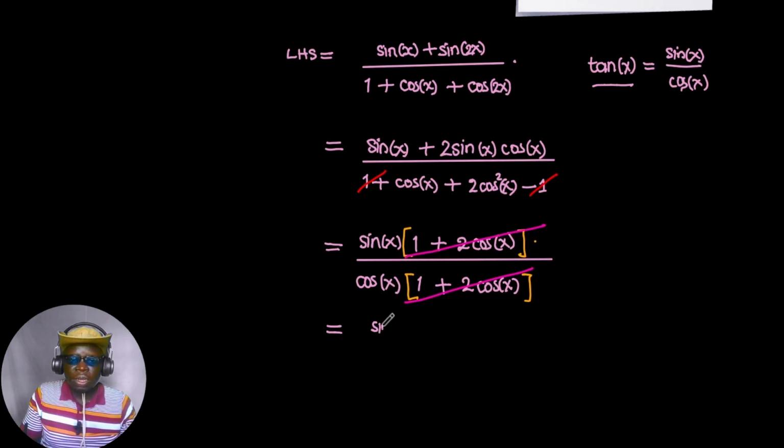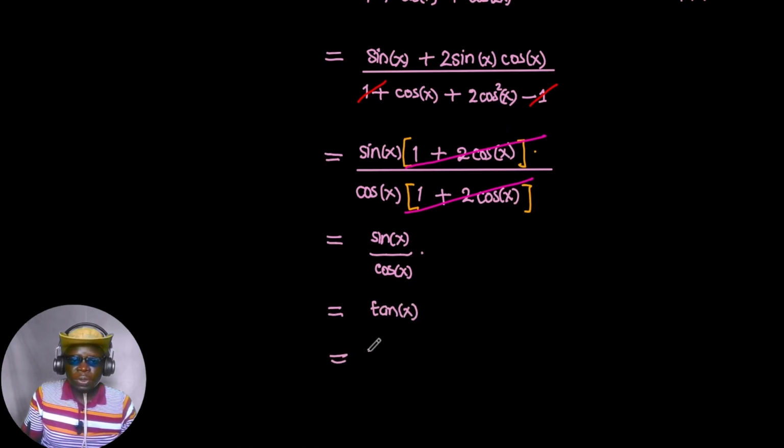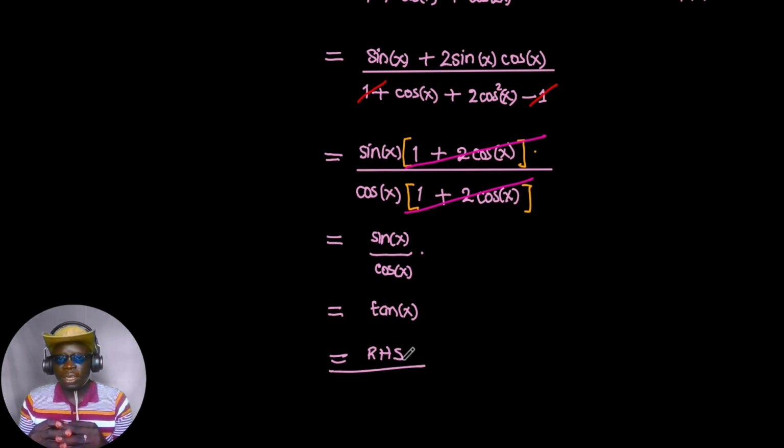So sine of x divided by cos of x will give us tan x. Therefore, we have tan x, and this is equivalent to the right hand side, since we considered the left hand side, and that is exactly how we can make the proof.